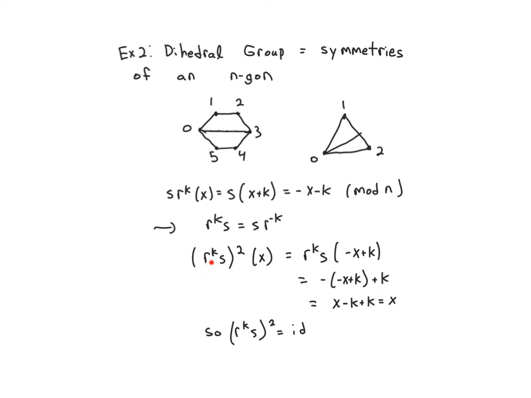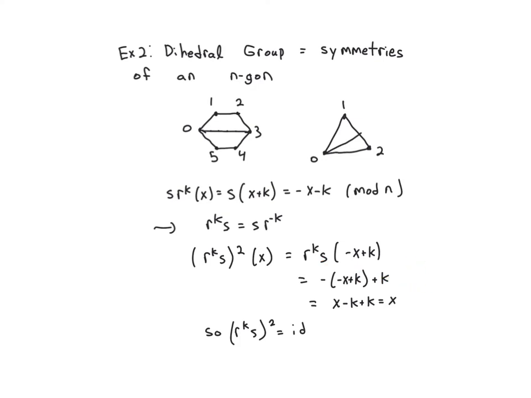The other thing worth noting is what happens when you square one of these operations. Well, that corresponds to doing it to itself twice. It's given by negative x plus k. Now let's see what happens when you apply this reflection and then the rotation again to negative x plus k. Well, you're going to negate negative x plus k in parentheses, and then you're going to add k to it. No, this is mod n.